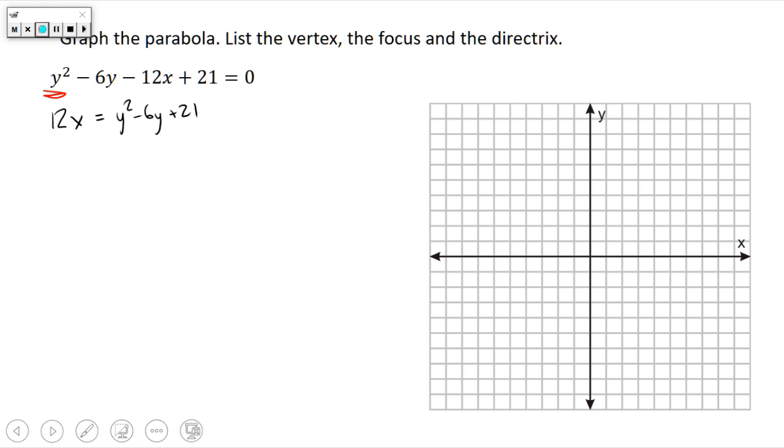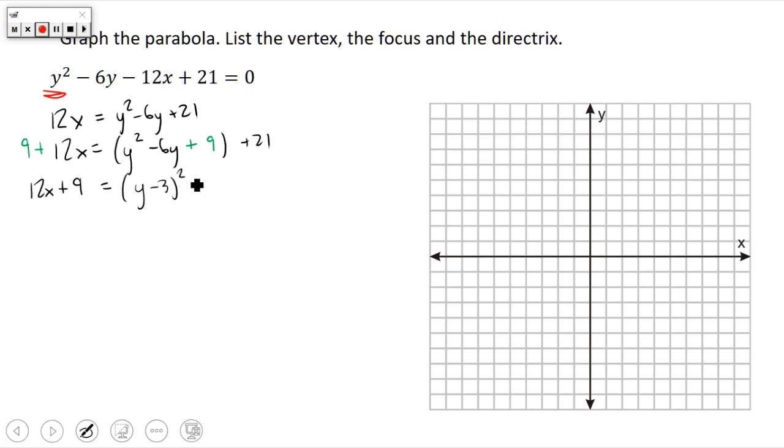We have to complete the square, so 12x is equal to y squared minus 6y plus 21. We have to add 9 to the inside here to complete that square, which means we have to add 9 over here. Then we have 12x plus 9 is equal to y minus 3 quantity squared plus 21. Subtract 9 from both sides.